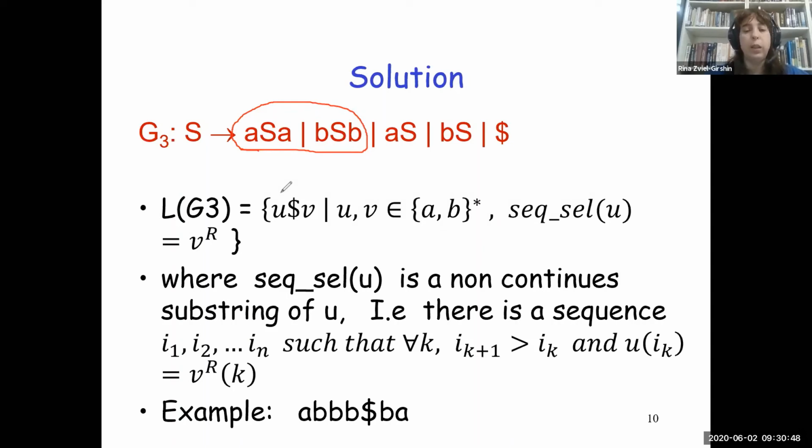So you can identify U versus U reverse in grammar. You definitely see that you can have a dollar sign dividing between some prefix and some reverse order suffix. And then here in rules number 3 and 4, it was important that you see that you add letters only before S. So you change something in prefix before the dollar sign and not dealing with suffix.